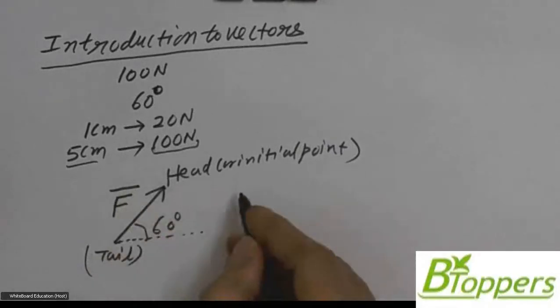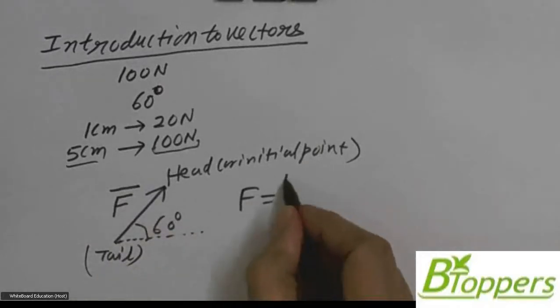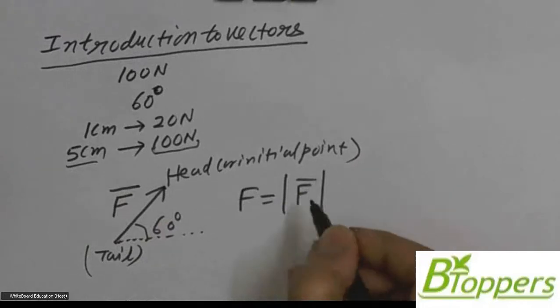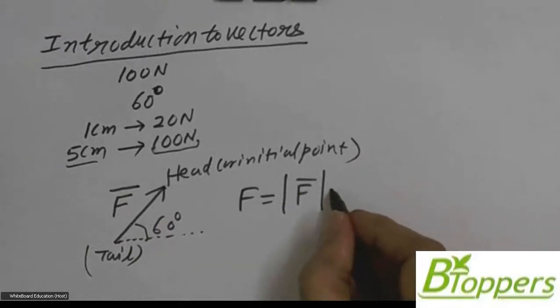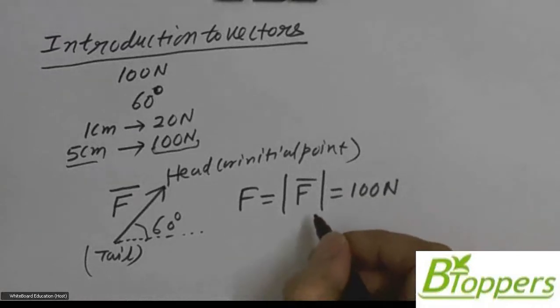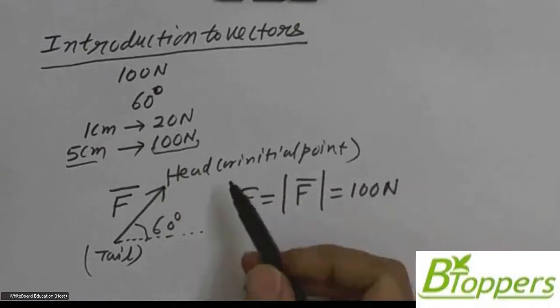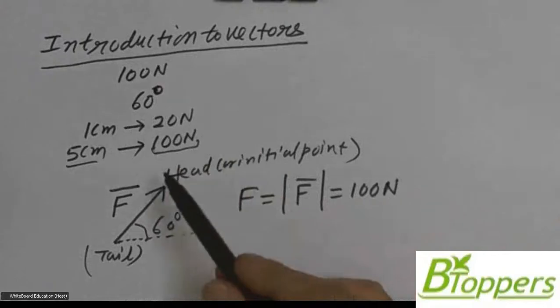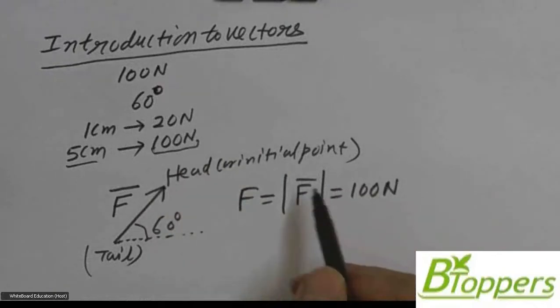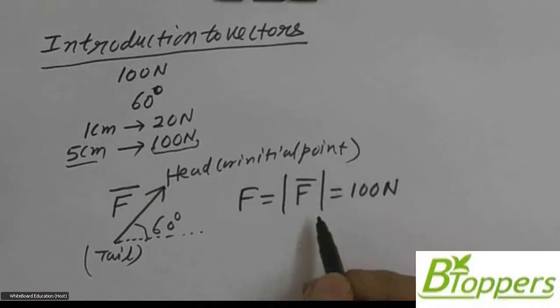If you just write letter F without using that bar symbol, it represents the magnitude of the force F bar, which is equal to 100 newtons in the present example. But you should not write F bar equal to 100 newtons. Some students commit this mistake. They equate the vector with the magnitude. You should never do that. Mathematically, the modulus or magnitude of a vector can be considered scalar.